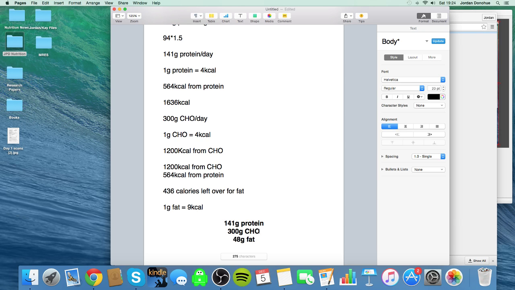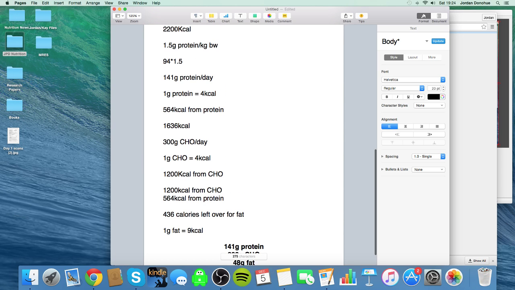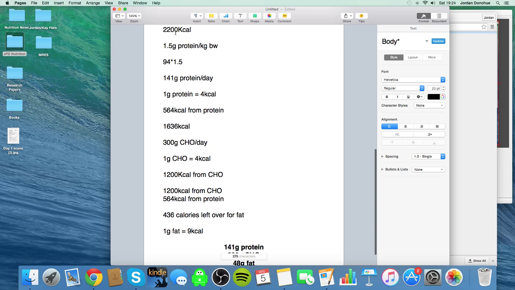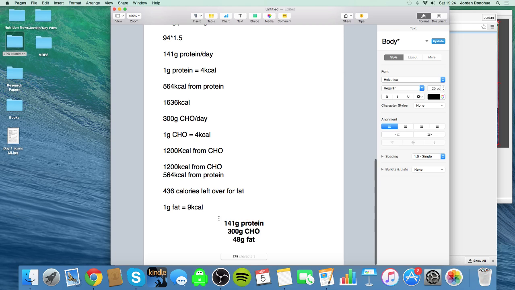It's really that simple. Now, one thing to remember is that you're going to have a different number of calories required, whether it's to lose weight or to gain weight, on the days where you exercise and the days where you don't exercise, or where you do a different type of exercise. So for example, we've calculated this for what is essentially a rest day, so a day with no exercise.